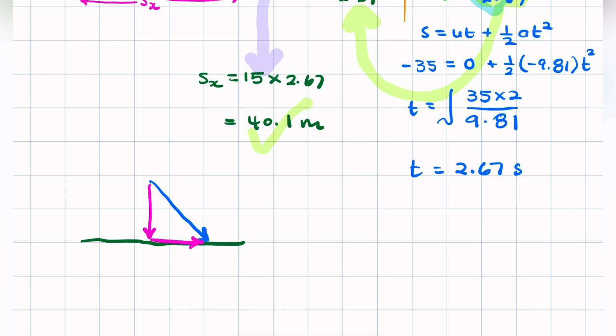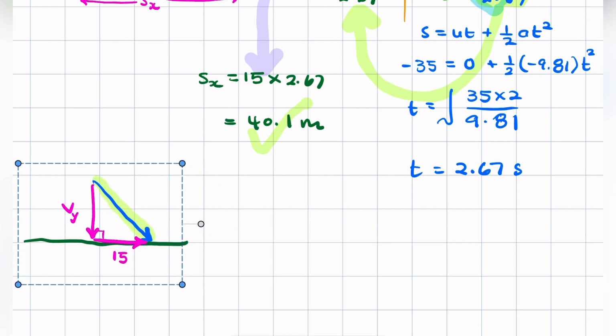The horizontal component is constant at 15, that doesn't change. The vertical component we need to find. And once we find these two components, we can find the speed as the resultant of those two components.